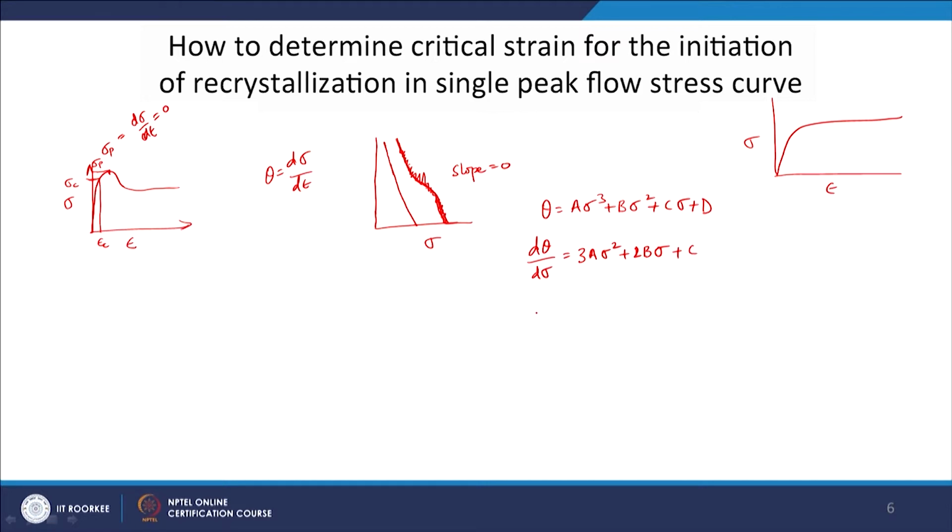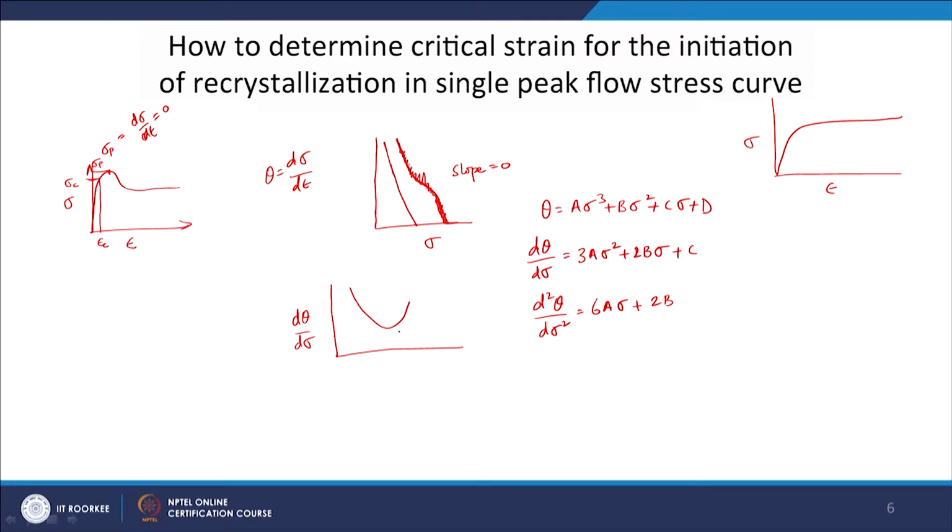It will become 0, and I can again differentiate it to get 6a sigma plus 2b, and again c is a constant. So, it becomes 0. If I plot these curves, for example, this d theta by d sigma, it will become something like this.